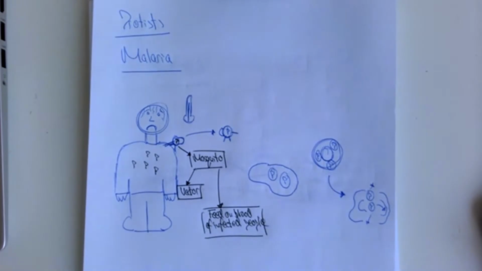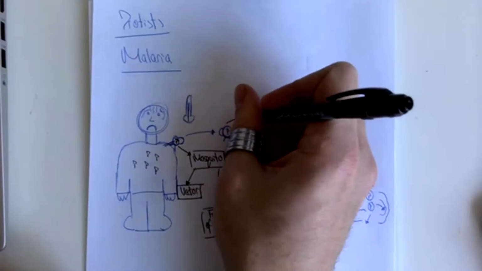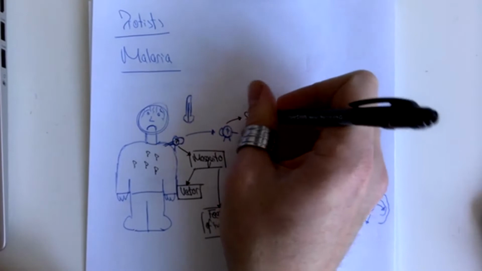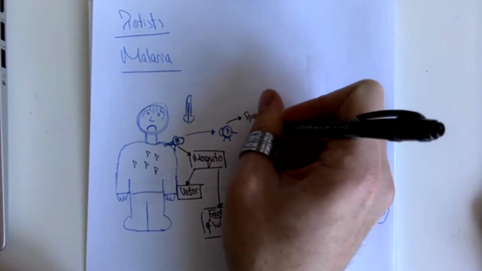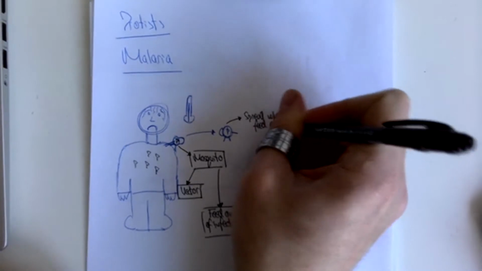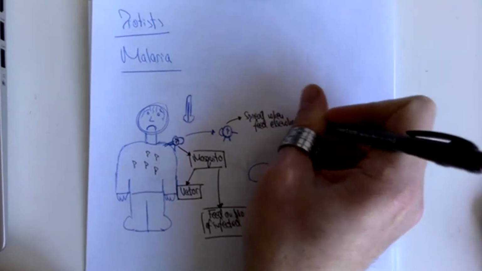So mosquitoes feed on the blood of infected people, and they then spread the protist pathogen when they feed on another person, and then it continues and continues. So they spread it when they feed elsewhere as well.